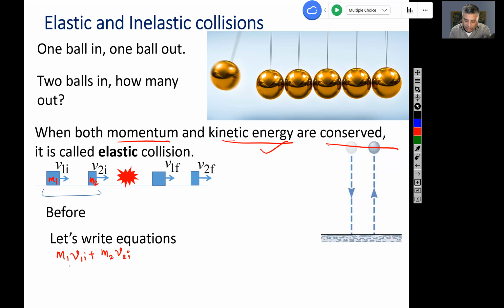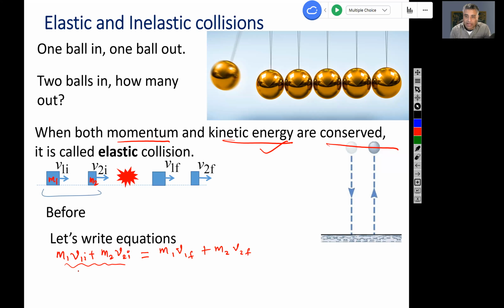So now this is total momentum before collision. And I can just copy this for after collision by replacing i by f. So m1 v1f plus m2 v2f, right? So that's the equation.